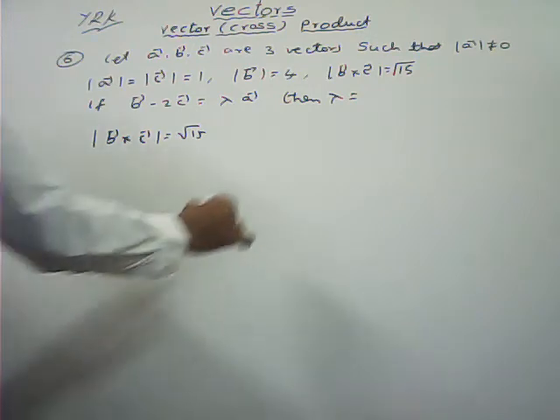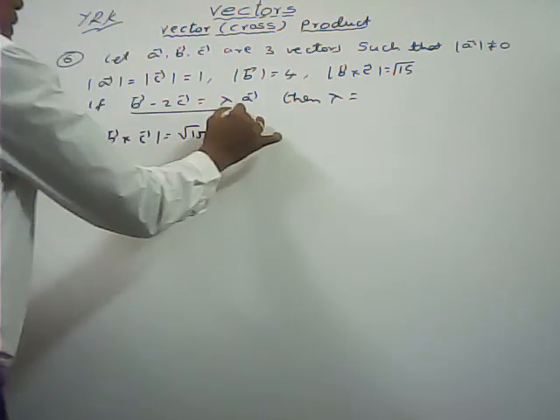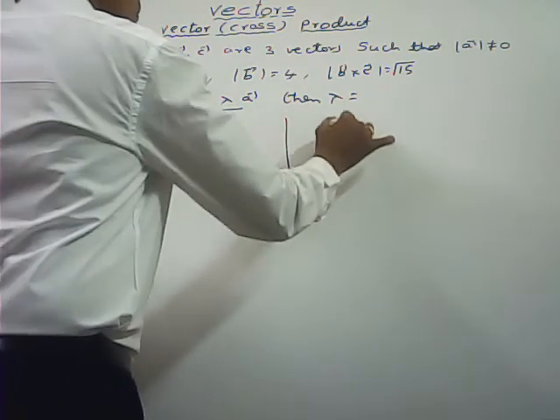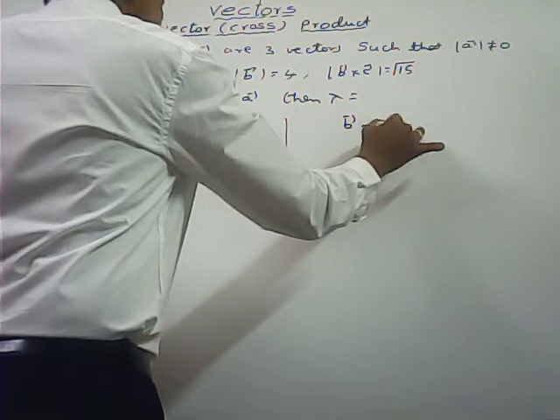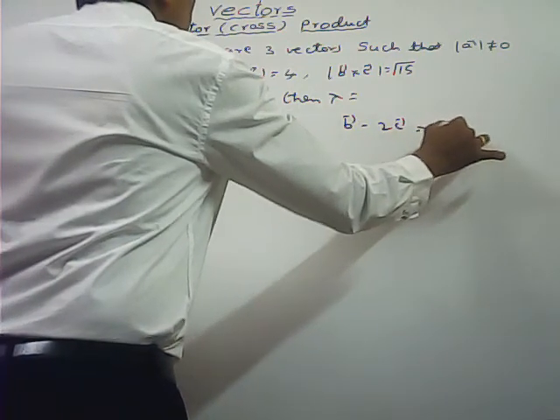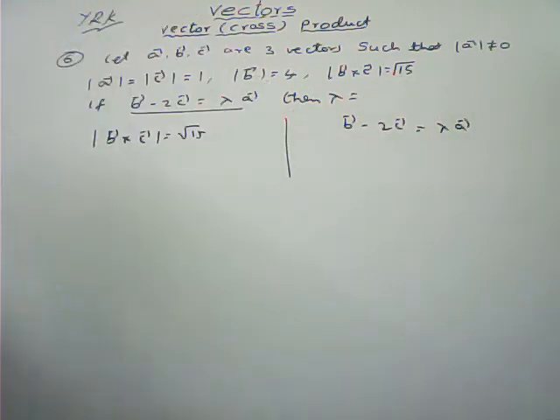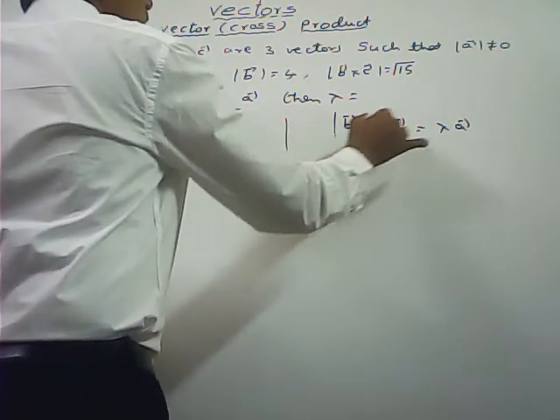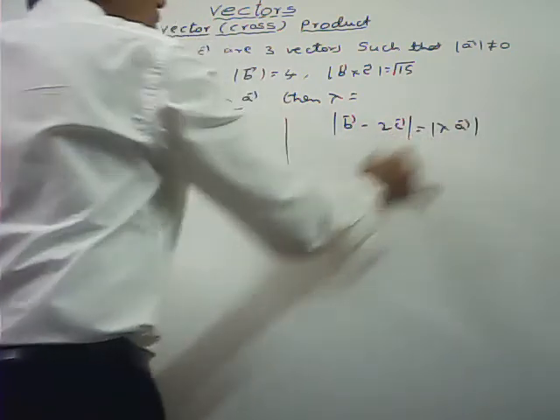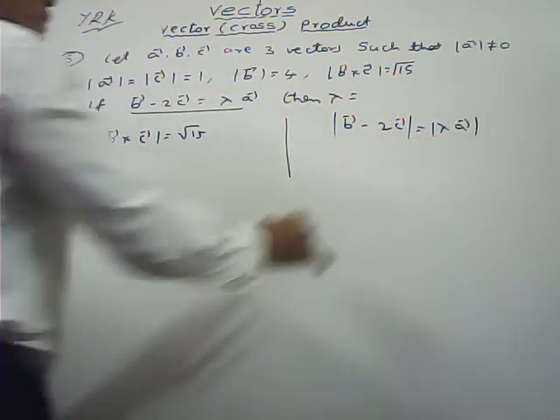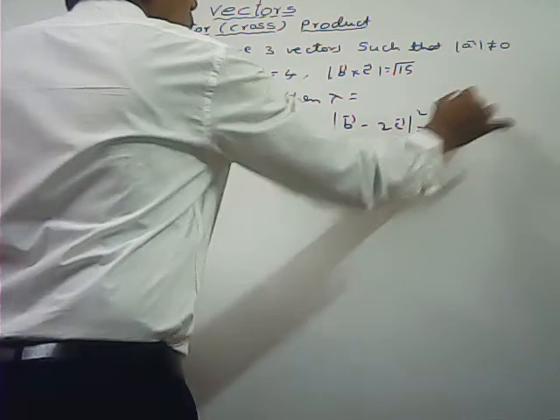Now here you can see, I am taking that relation: b bar minus 2c bar equals lambda into a bar. And here what I am doing is taking modulus on both sides. These two vectors are equal, so their modulus also should be the same. Now we take squaring on both sides.